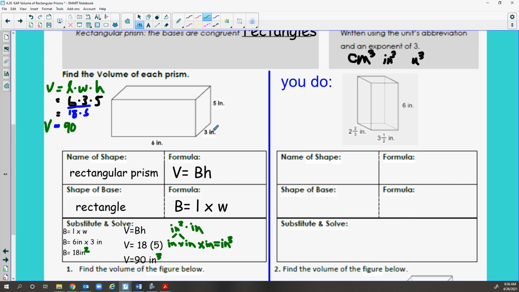We took inches times inches times inches, so that's inches cubed. Either way, you get the same thing.